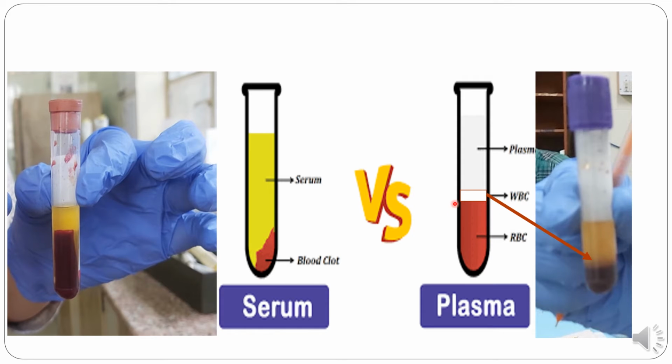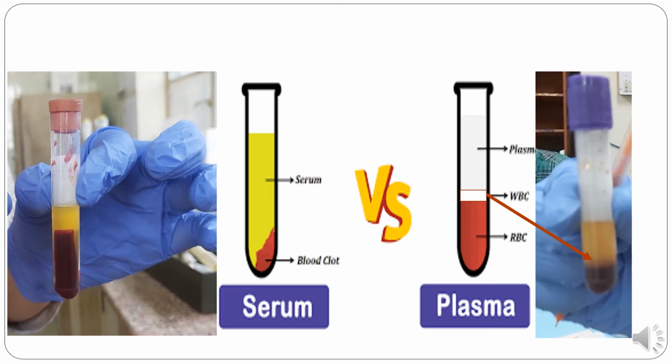On the other hand, in plasma, there will be no clotting because we have added an anti-clotting factor in it. For example, in the vacutainer containing a purple cap, there is EDTA. EDTA will not allow the blood to clot by chelating the calcium, and so it will be divided into three layers.